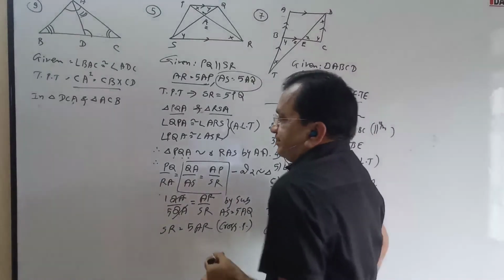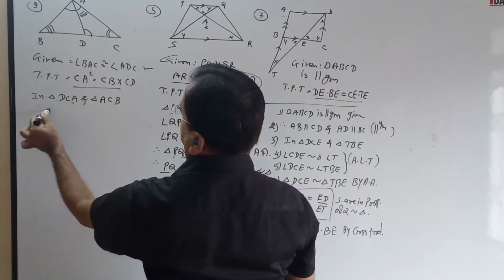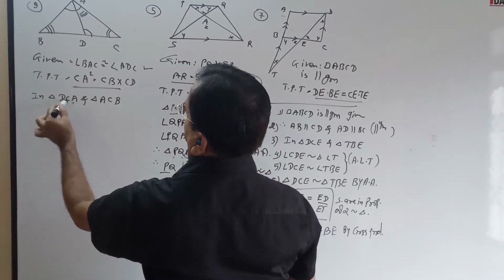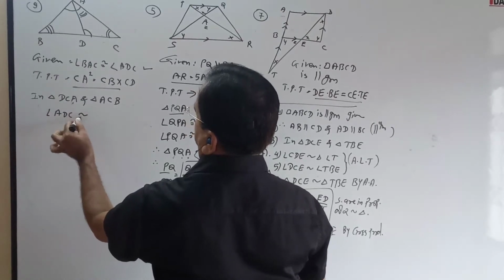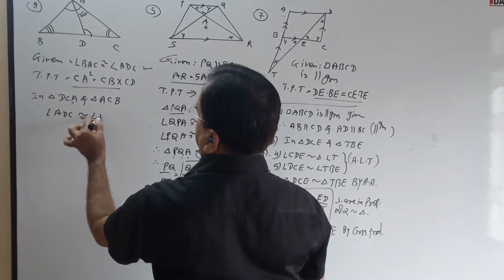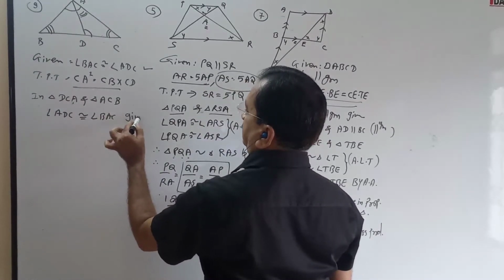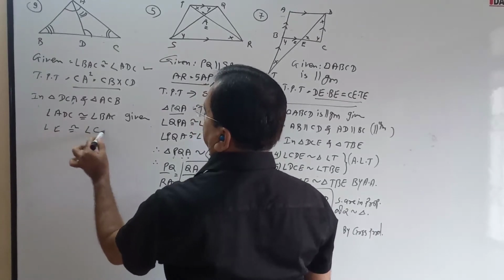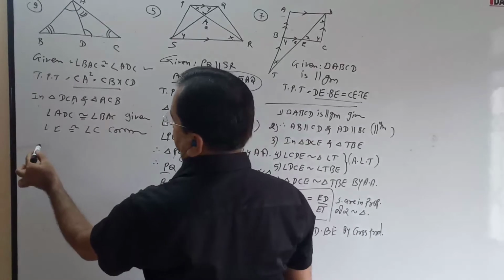Now, one pair is given, but I have taken this, so I will write ADC congruent to BAC, given, and angle C congruent to angle C, common. Again I will write the name of the triangle.